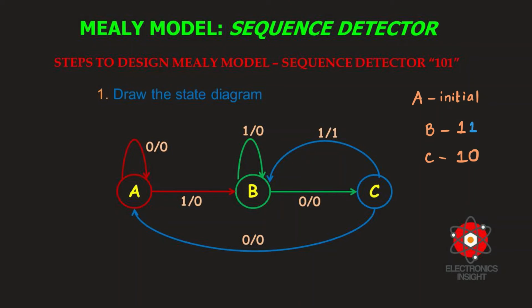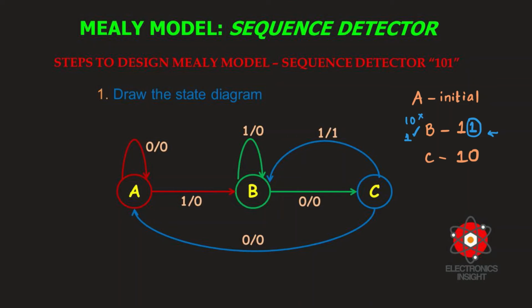It is 1. So now you start reading from this end, from the LSB position. It is 1, 1, but your desired sequence is 101. So we check the first 2 bits. The first 2 bits in your desired sequence are 1, 0. 1, 0 is not the same as your 1, 1. So we reduce to 1 bit. 1 bit is nothing but 1. 1 is the same as the first bit in the desired sequence 101.